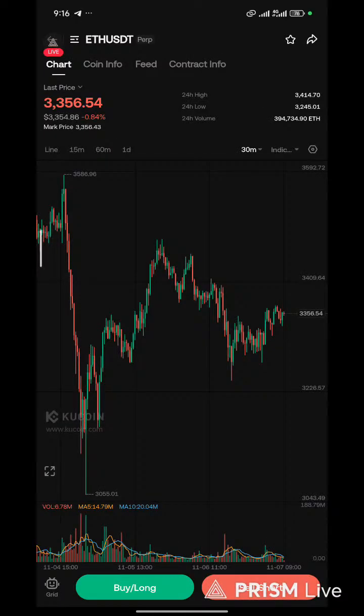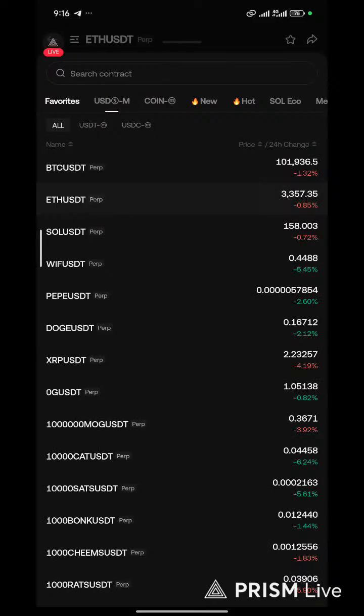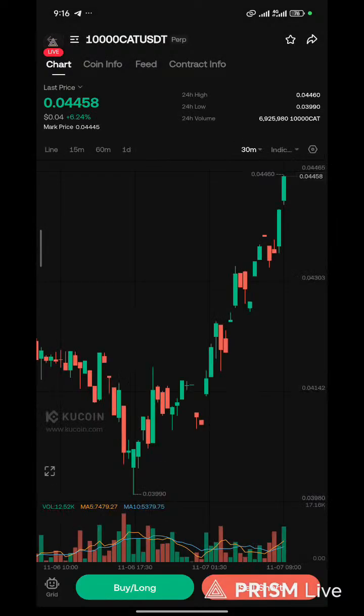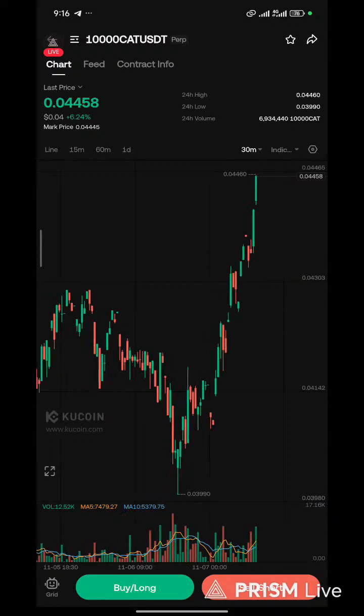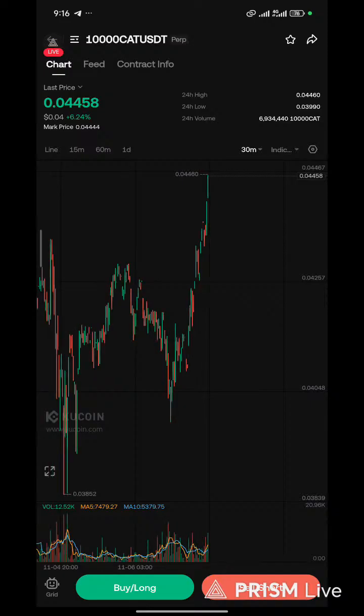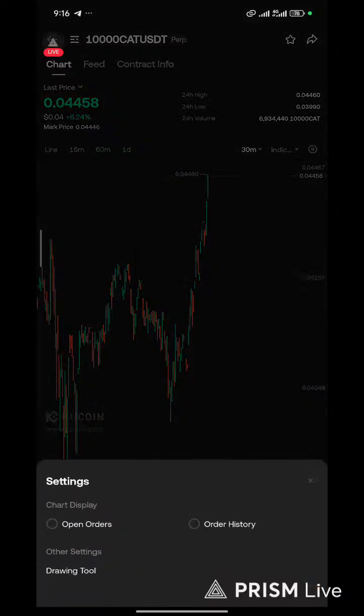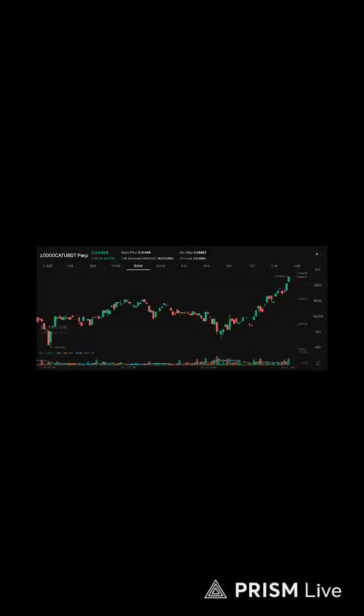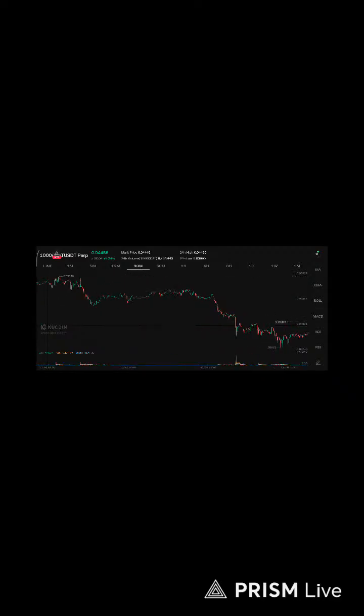Let's check another coin. Let's analyze this token. All this market with small candles.